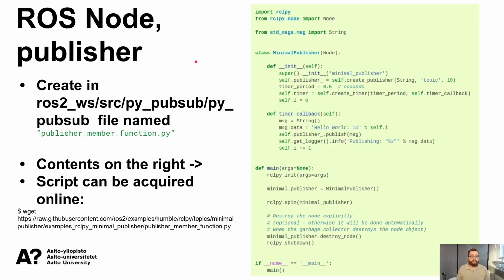But okay, here we now have a basically minimal example of a publisher that is from the ROS2 basic documentation. If you want to follow along with this example, you can create a file named publisher_member_function.py, place it here in your workspace under the py pub_sub folder, and insert these contents into this file.